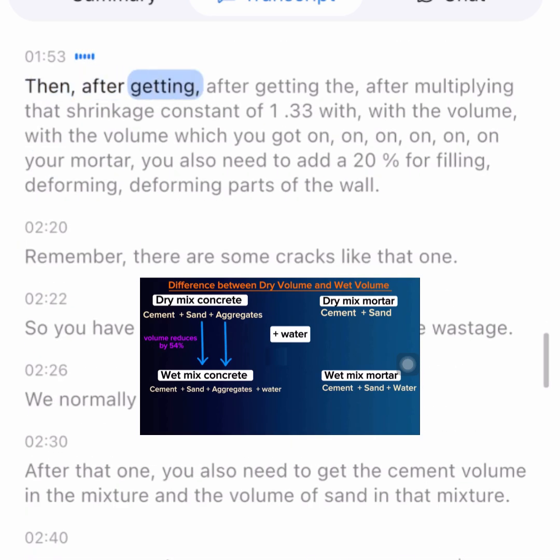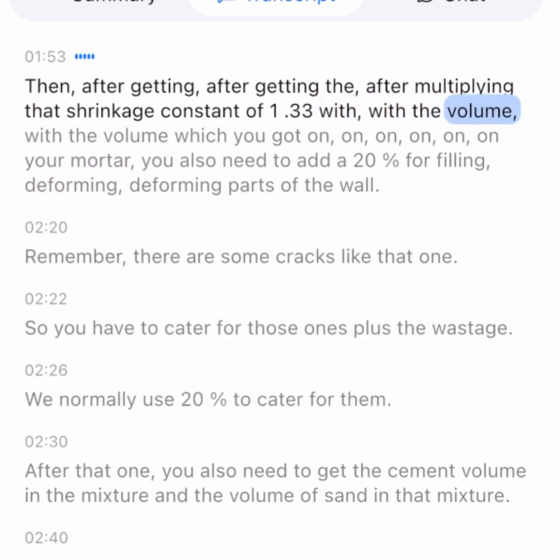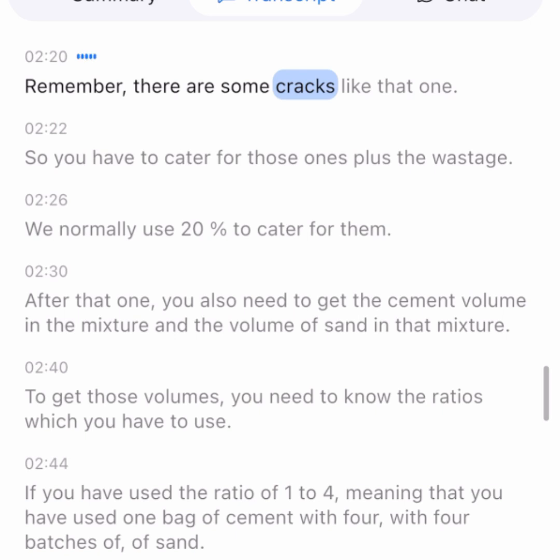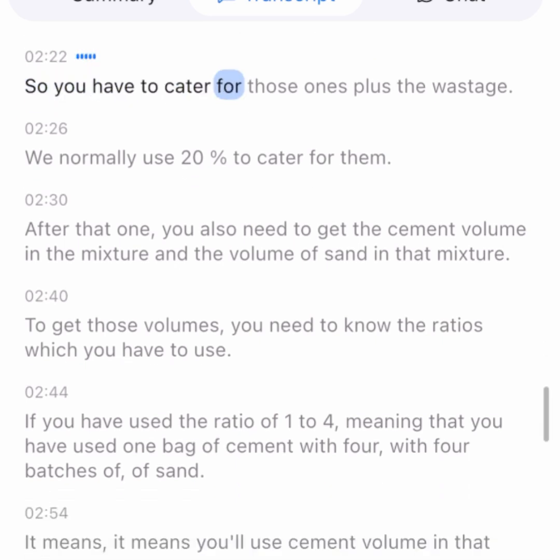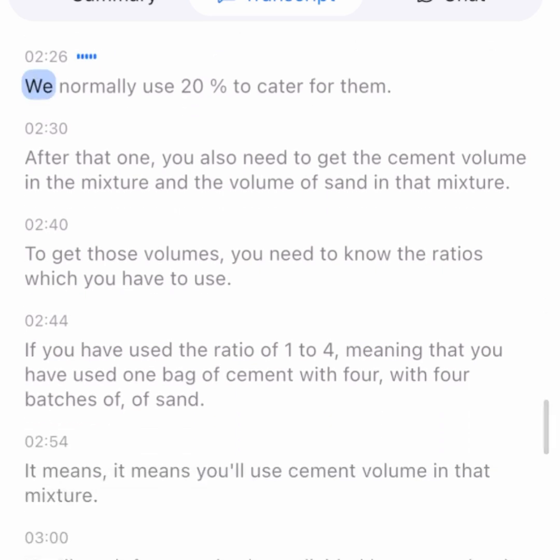Then after multiplying by that shrinkage constant of 1.33 with the volume which you got on your mortar, you also need to add 20% for filling the forming parts of the wall. Remember, there are some cracks, so you have to cater for those, plus the wastage. We normally use 20% to cater for them.